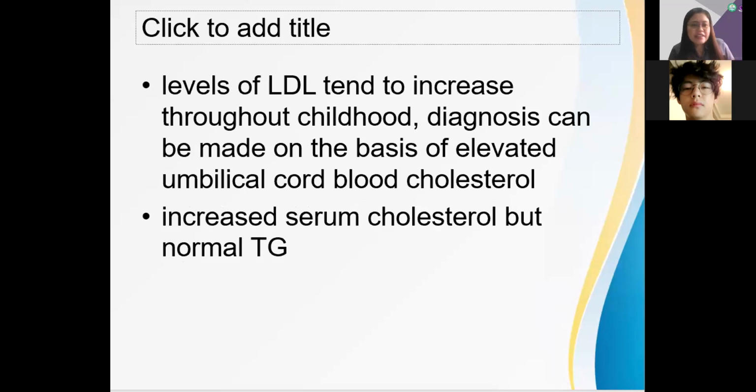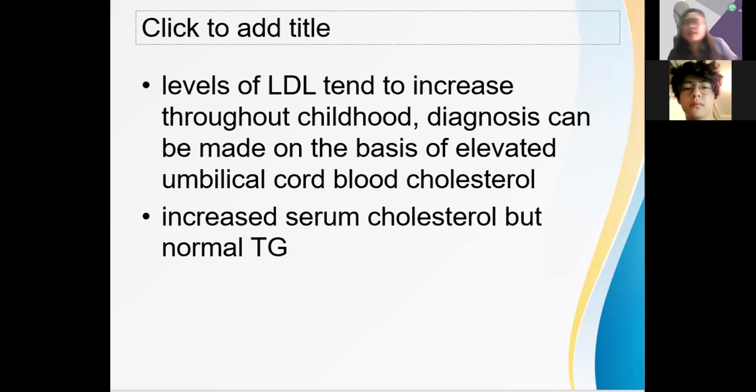So the increase in LDL can be visible even throughout childhood, because again, this is a genetic defect. Even when the child is still a baby, we can evaluate or test the umbilical cord for blood cholesterol, and we will really see there that there is an elevation of the cholesterol level.